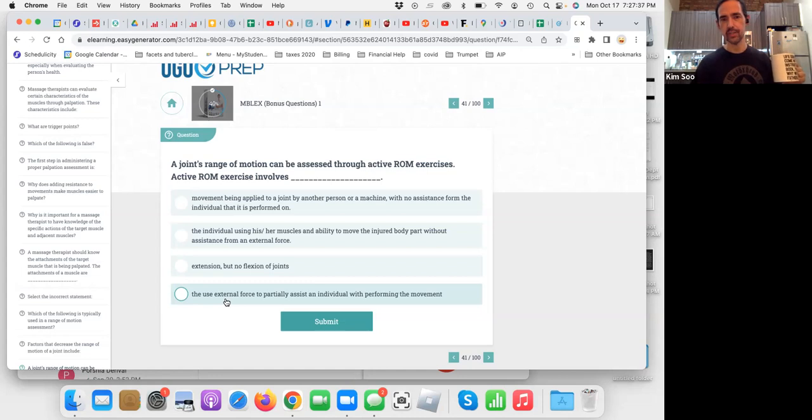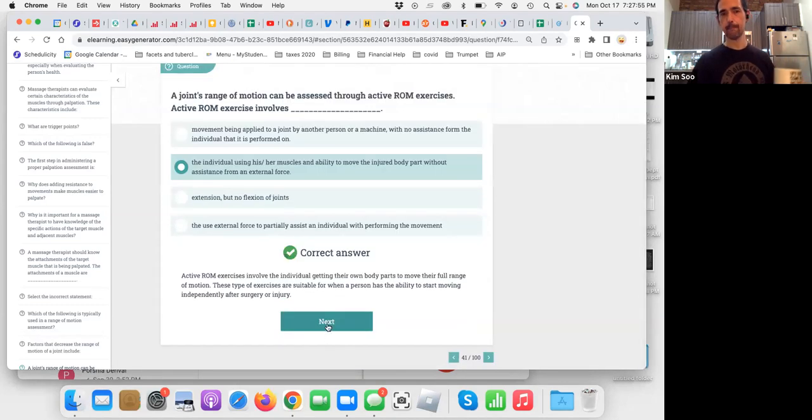To partially assist? No. Extension but no flexion? No. Range of motion includes extension and flexion and lots of other movements too. The individual using his or her muscles and ability to move the injured body part without assistance from an external force. Yeah. Any confusion over that one?